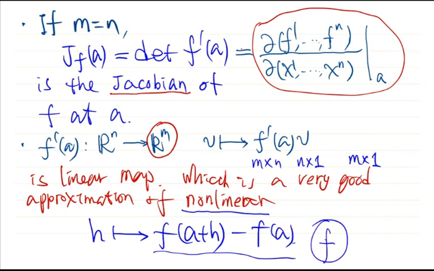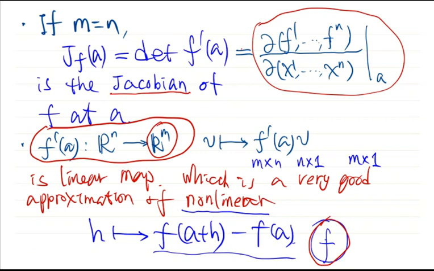Okay. So roughly speaking, if the linear approximation, that is this linear map, has some property, the original nonlinear map will locally have this property.